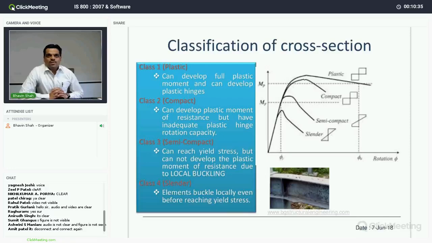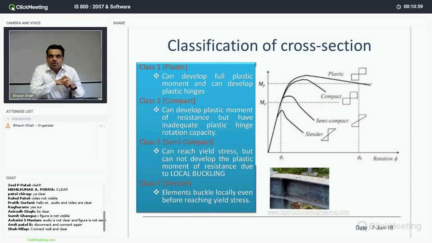Okay, so there are also 4 kinds of cross sections defined in the code: plastic section, compact section, semi-compact section, and slender section. As we know, the plastic section can develop the full plastic moment as well as the full plastic hinge rotation capacity. The compact section can develop the full plastic moment, but does not have adequate plastic hinge rotation capacity.